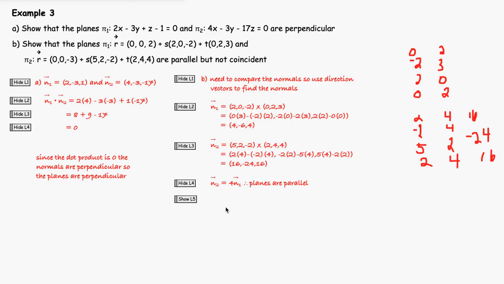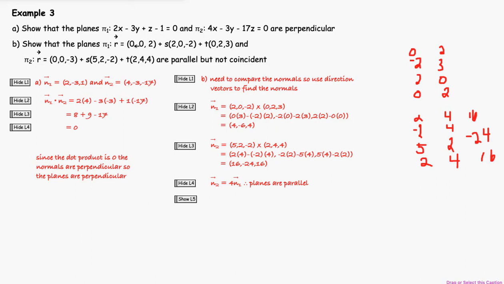The next thing you have to determine is, are these planes coincident? So what we're going to think about here is we need them to share a point in common for them to be coincident. So the points we are given are this point here, 0, 0, 2. And look what I'm given over here. I'm given the point 0, 0, negative 3.